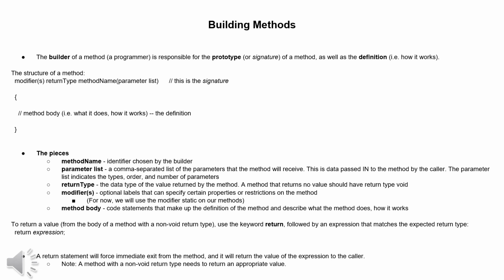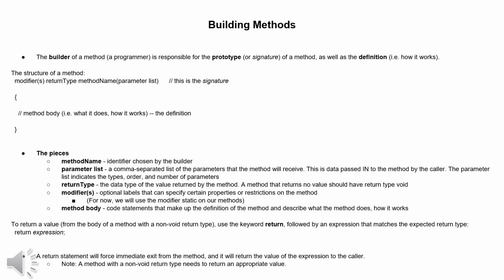Now we know what exactly a method is. We saw how we can call some predefined methods in Java like sqrt. In this slide, I'm going to show you how you can create a method and what the general structure of a method is. So you as a programmer are responsible for defining a method, okay? The basic structure of a method is as follows.